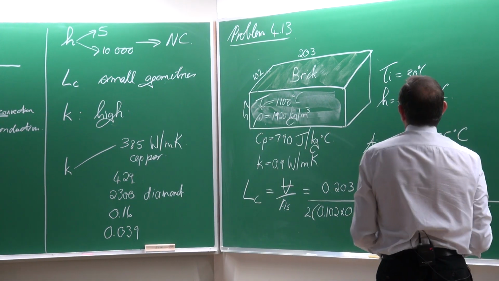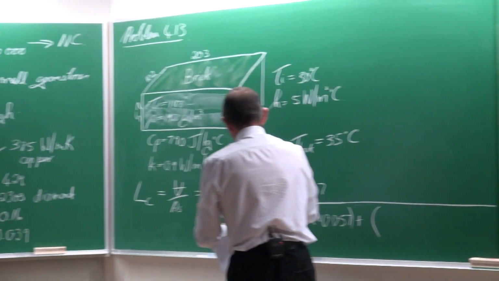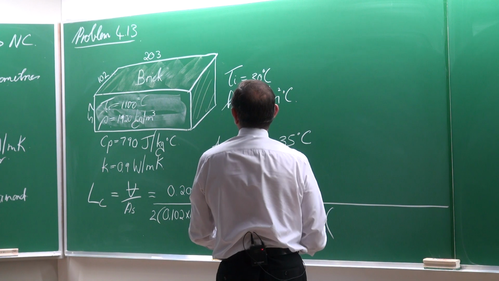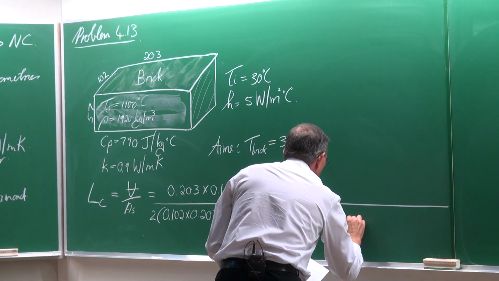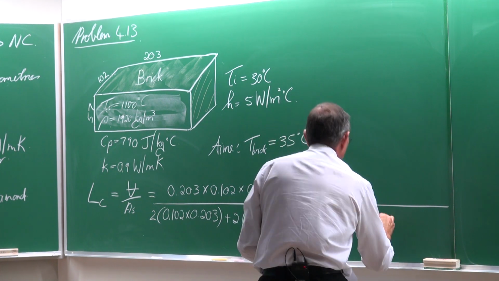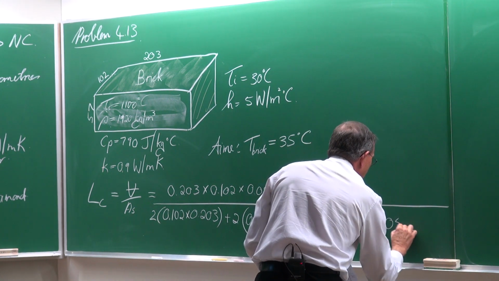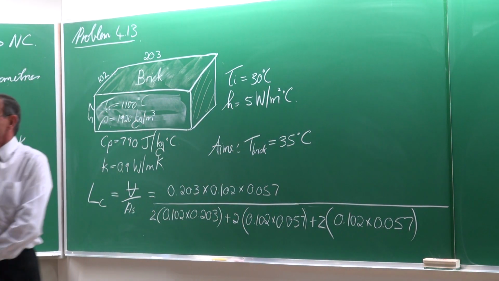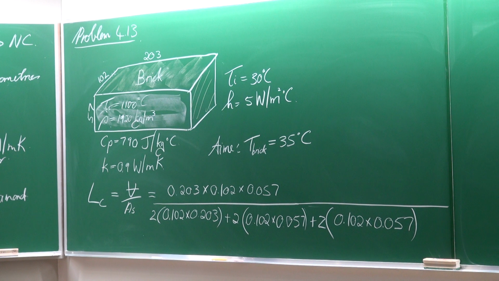Plus the last surface area, which is now this area here, which is 0.102 multiplied by 0.057, and again there are two of them. Do you agree? You happy with that?